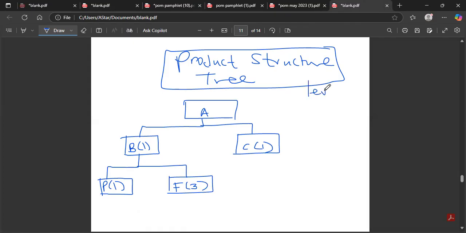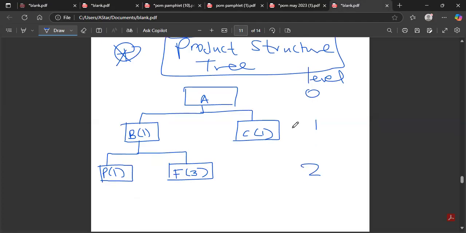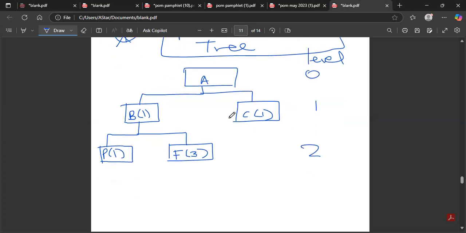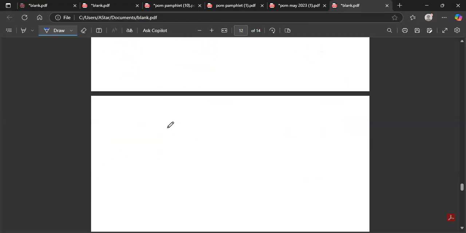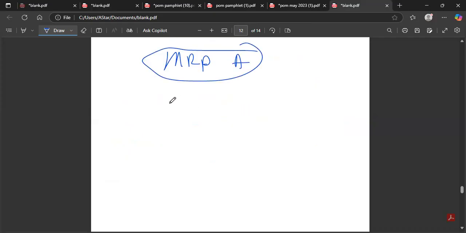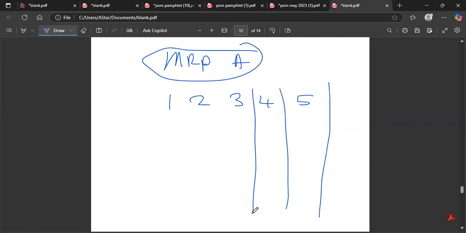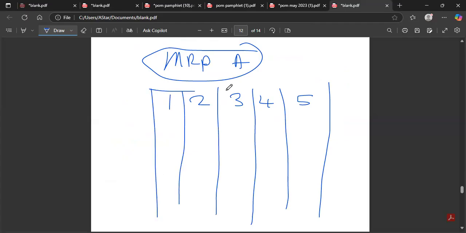So the levels here are 0, 1, and 2. So this is what we have concerning the product structure tree. Meaning you're going to have 5 MRPs. So we are now going to prepare the MRP for A. This one has 1, 2, 3, 4, only up to 5. So we are using lot for lot, the same concept. Are you with me so far?